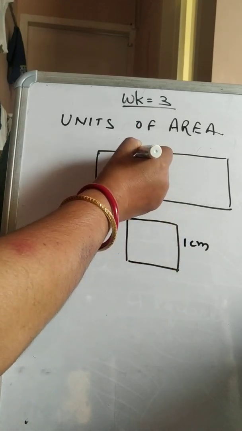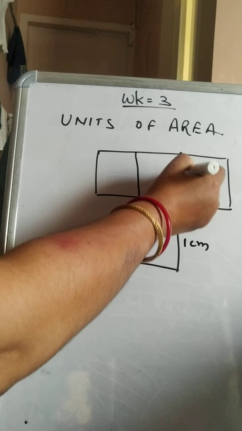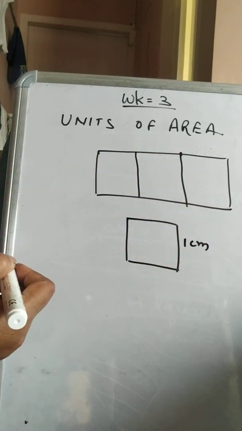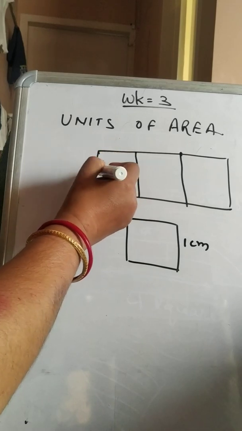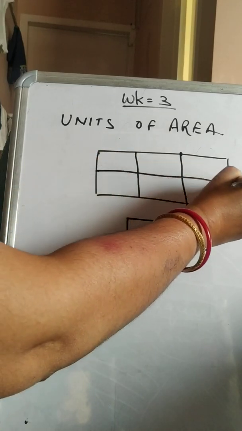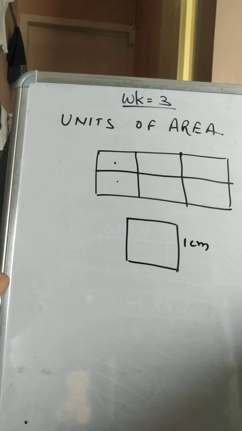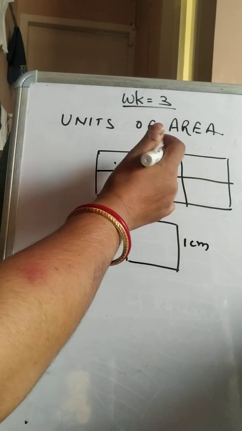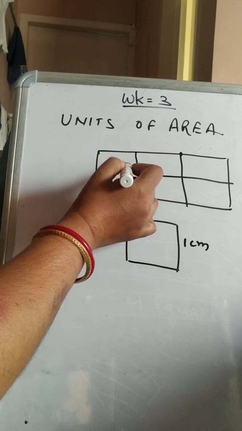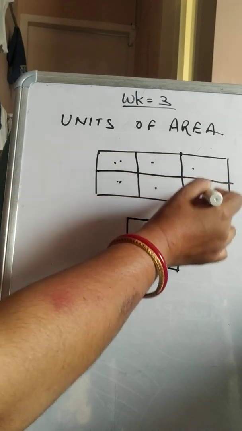Here we will divide this figure into 3 columns, and each column has 2 squares. So what is the area here? How many squares do we need? We need 6 squares. 1, 2, 3, 4, 5, 6.